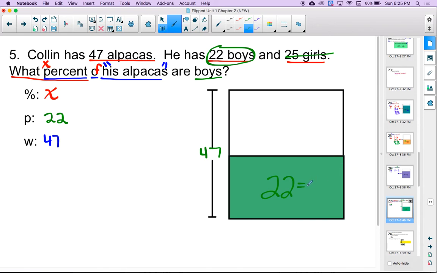And we are trying to figure out what percent those 22 alpacas are out of the whole, which is our 47 or our 100%. So that's how I understand our problem in terms of the diagram. Your job is now to put the information into the proportion and cross multiply to solve, to figure out what percent of those alpacas are made up from the boys.